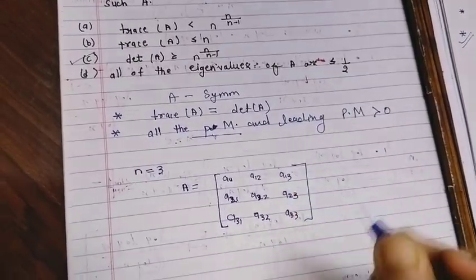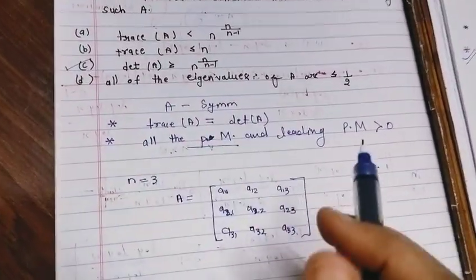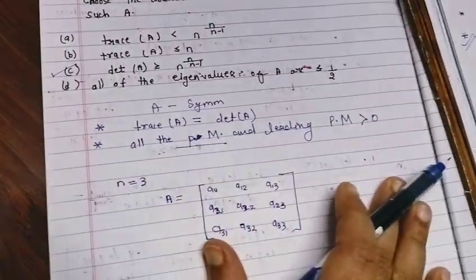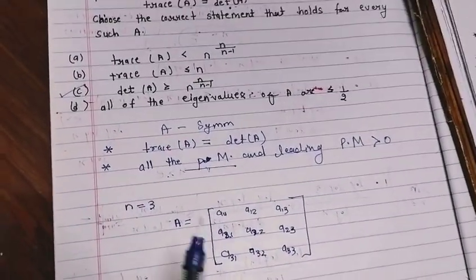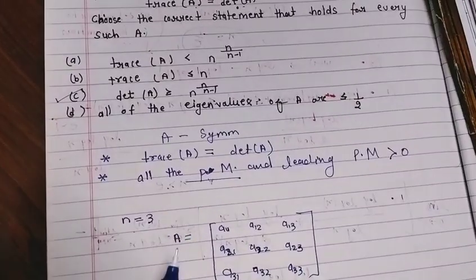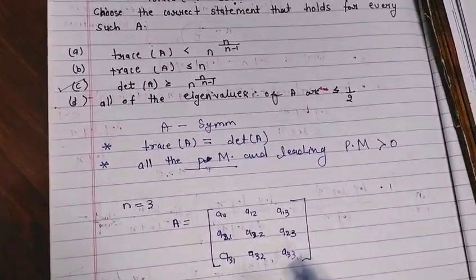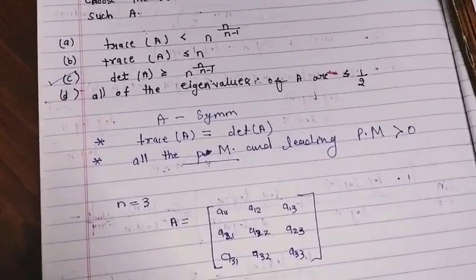Okay, this is my A, and A is symmetric. I have not written this matrix as a symmetric matrix, but I am assuming that my A is symmetric, and so how will we check that all its principal minors and leading principal minors are positive?